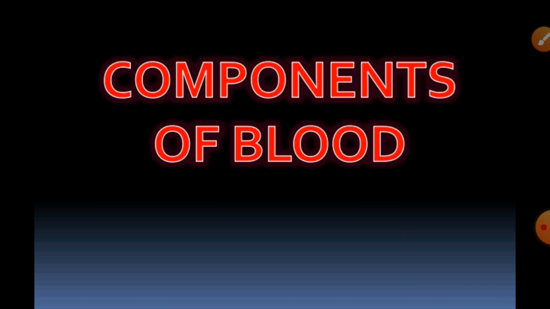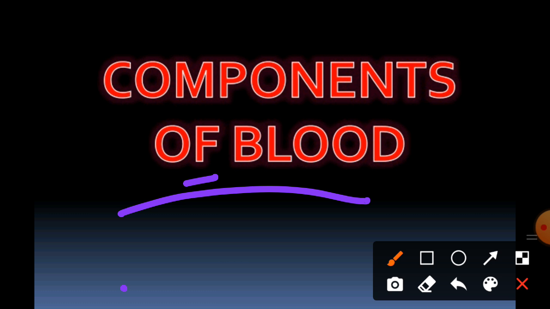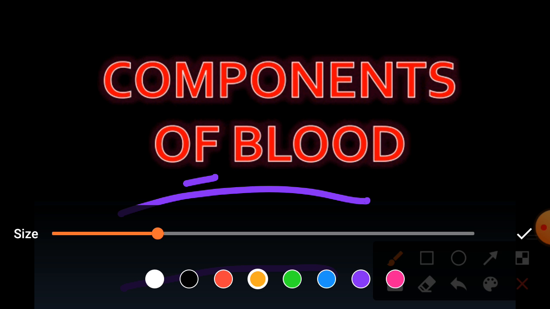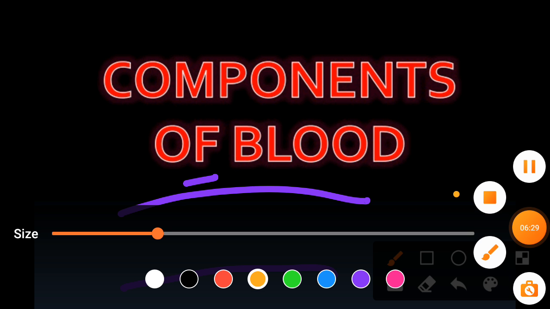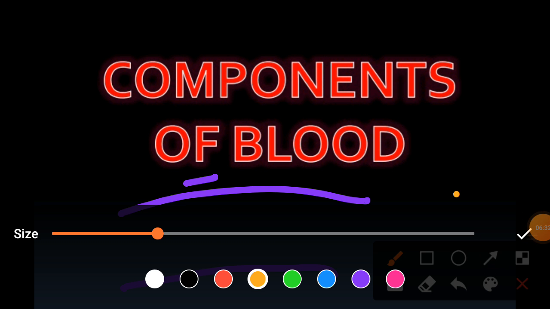Generally, if we look into the blood vessels, there is a liquid portion and some cells are found there. If we draw a structure, suppose this is a blood vessel.